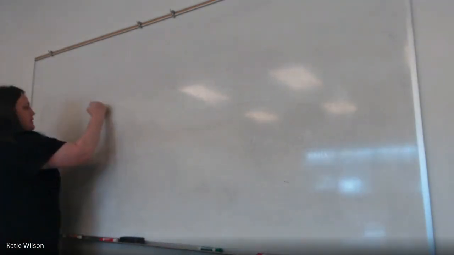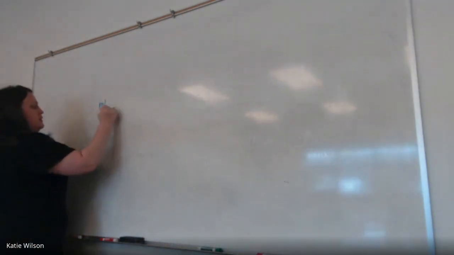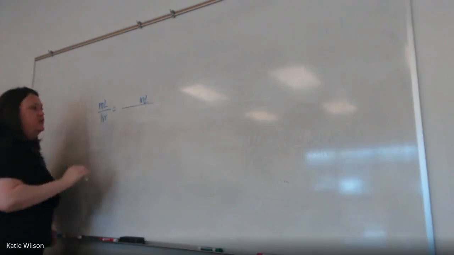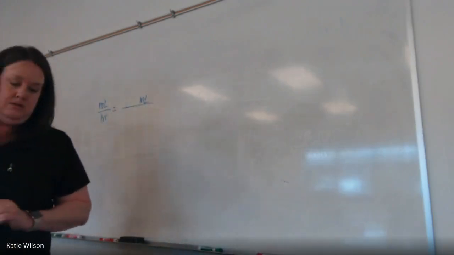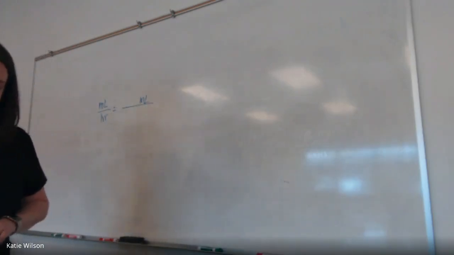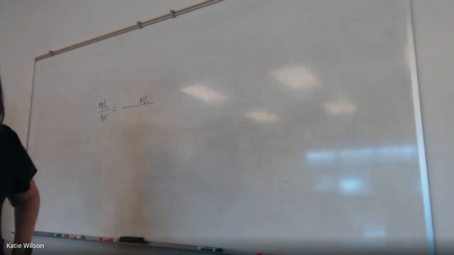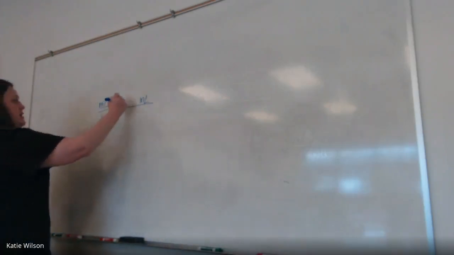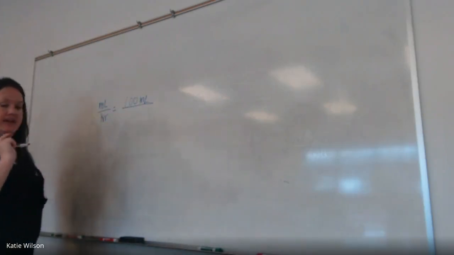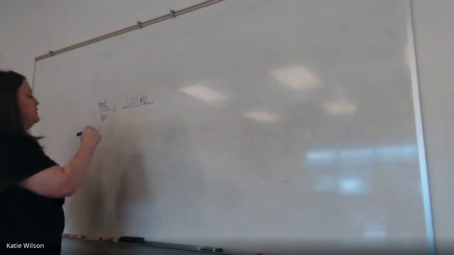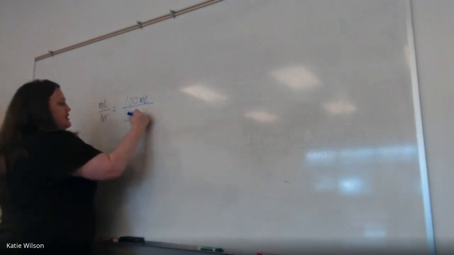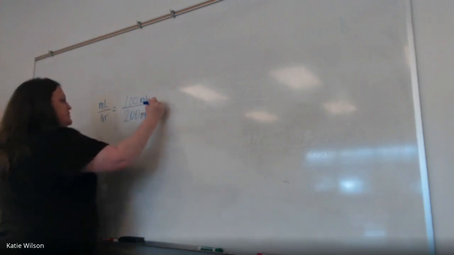Mils per hour again. What do I know about milliliters? 100 milliliters to 200 milligrams. Okay, I've got 100 milliliters, and contained in that 100 milliliters is 200 milligrams of that medication.